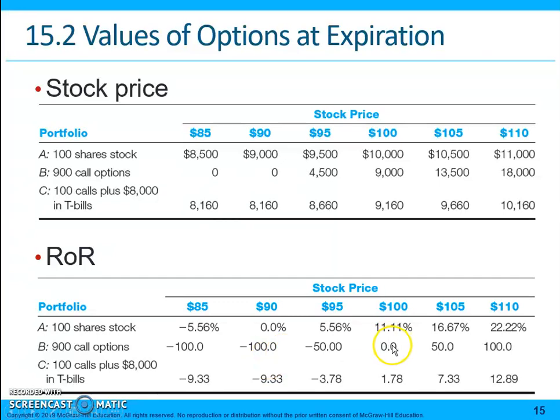In order to make a profit, the share price has to go up more than $10. So investing in a stock is a much safer bet in this case. And again, I don't understand why they show this example with calls mixed with T-bills. It doesn't make any sense. The returns are lower across the board when compared with just buying the stock.